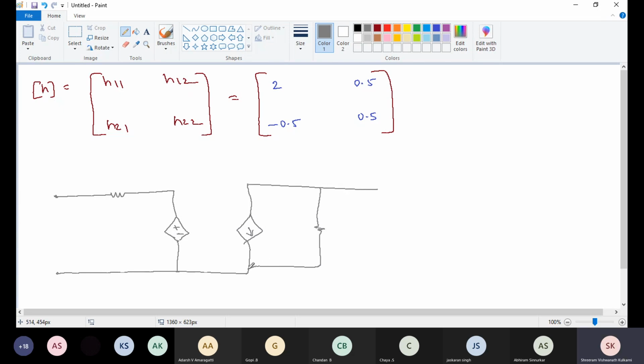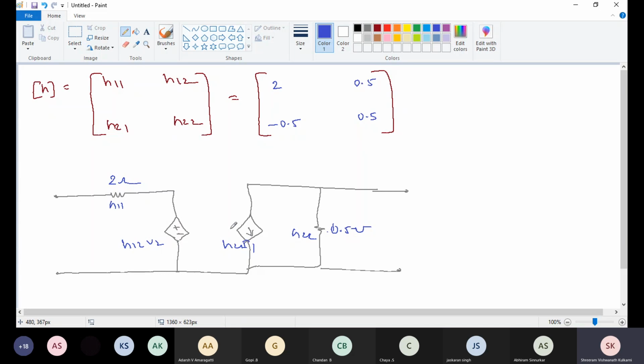Here this is an admittance, this is an impedance. So I can write 2 ohm H11, H12 V2, H21 I1, H22 is 0.5 mho or 1 by 2 mho.